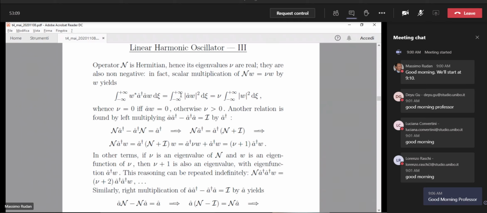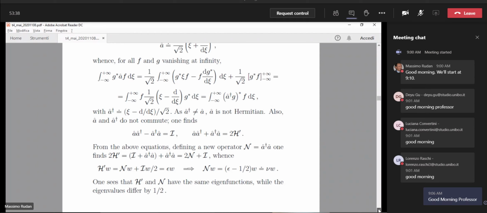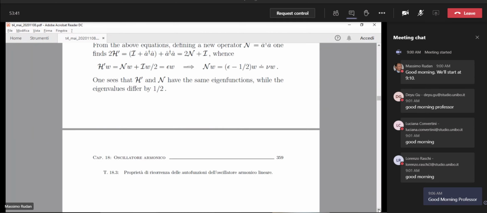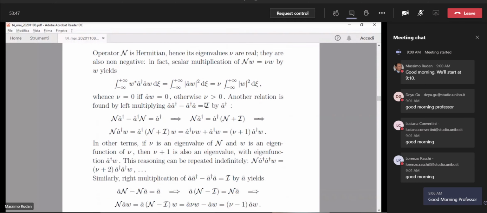Then we find another relation that is also important. You remember that in the previous page, we have obtained a relation involving the commutator of A and A dagger. The commutator is equal to the identity, okay? So what happens if we multiply this relation that is repeated here? We multiply this relation on the left by A dagger.